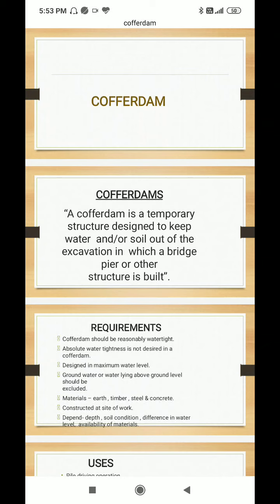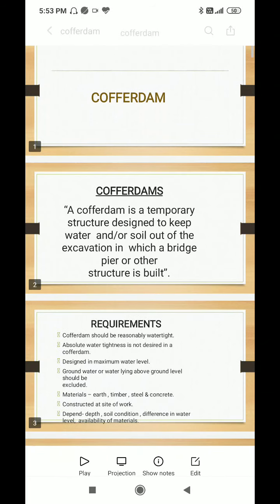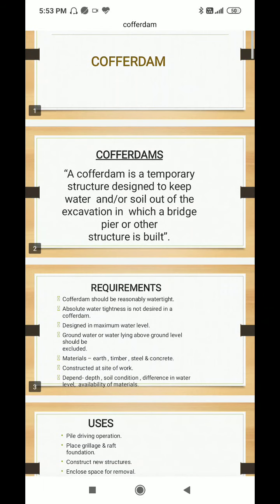The design and layout of a cofferdam should be such that the total cost of construction, maintenance and pumping is minimum. It should be stable against overturning, bursting and sliding under the waves and flood.